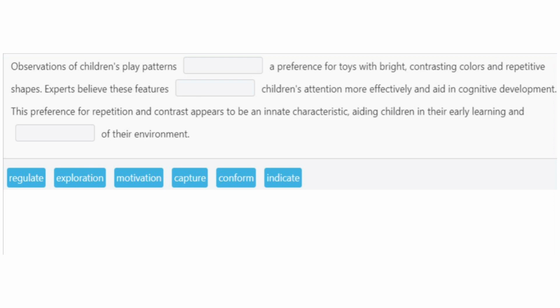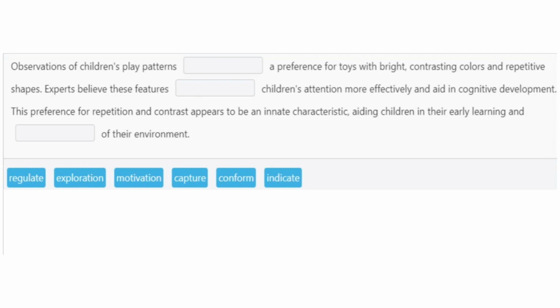This preference for repetition and contrast appears to be an innate characteristic aiding children in the early learning and dash of their environment. Now we would go by meaning, probably more meaning based. So let us just have a thought and think. After learning and motivation of the environment, or probably exploration.